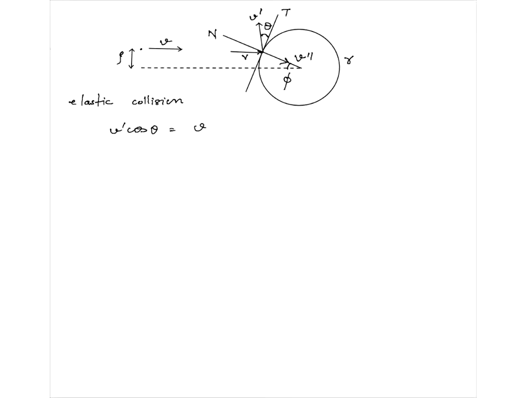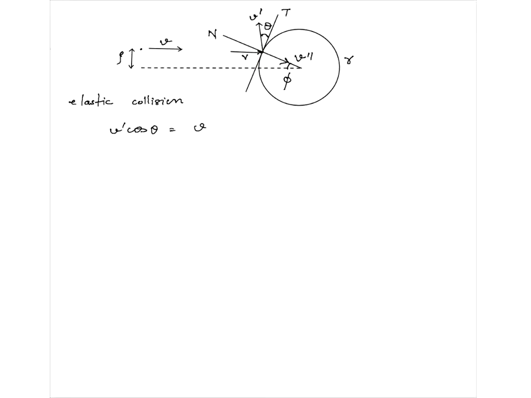So now you can answer. In terms of phi you can answer, I hope. V cos phi, V sin phi. Sine, let's see, phi, 90 minus phi.